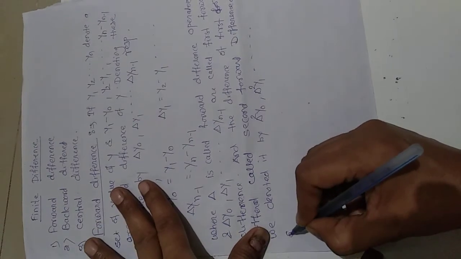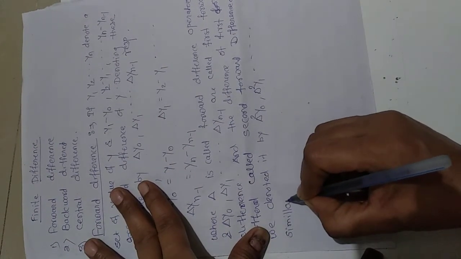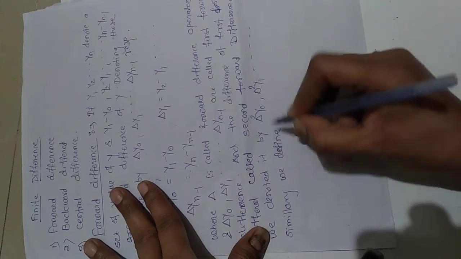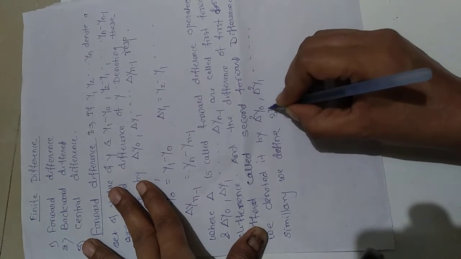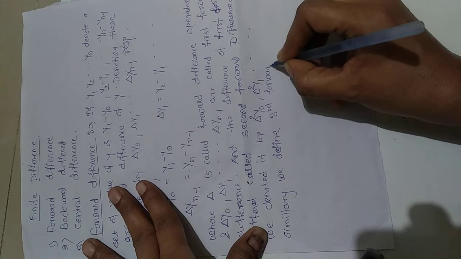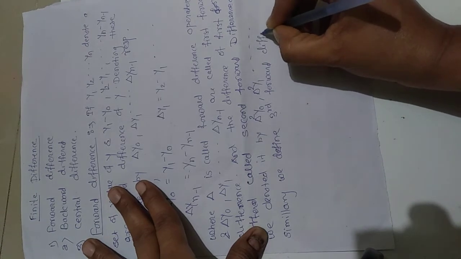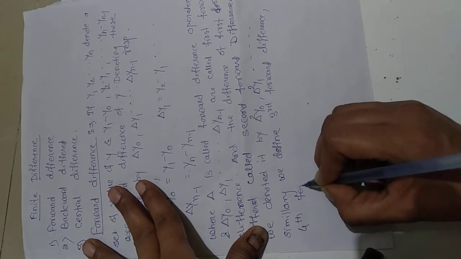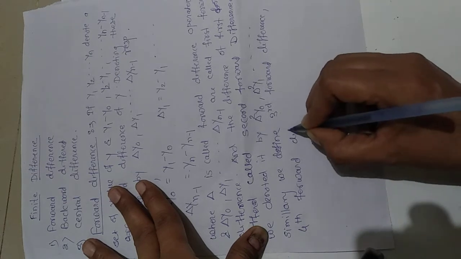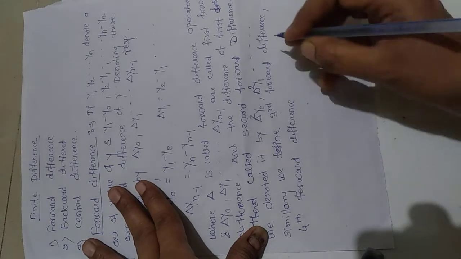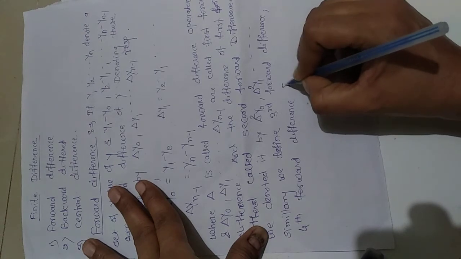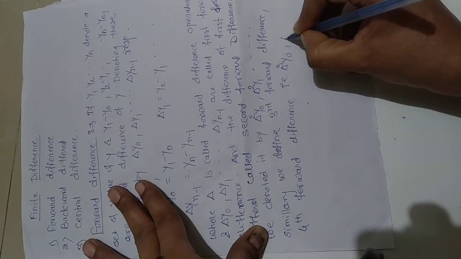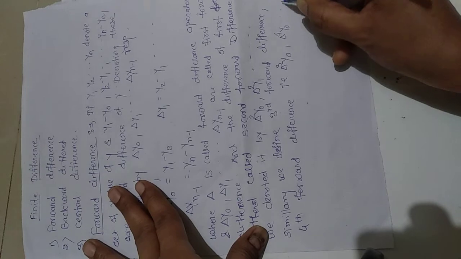Similarly, we define third forward difference and fourth forward difference, that is del cube y0, del raised to the power 4 y0.